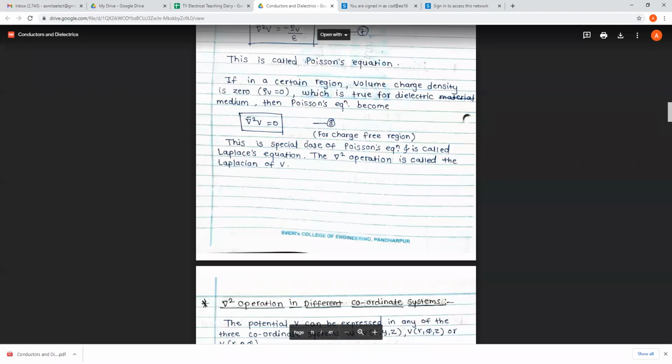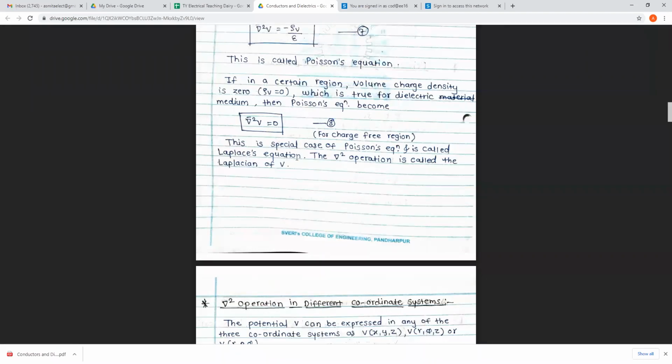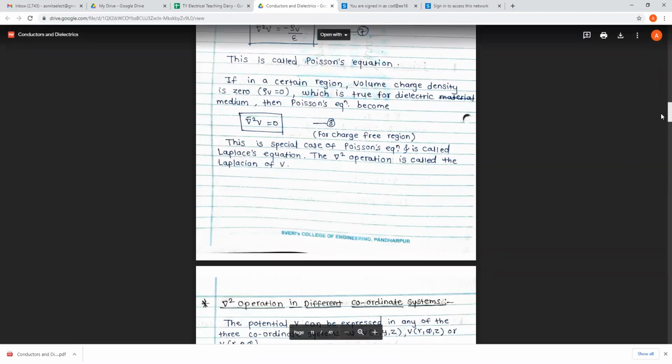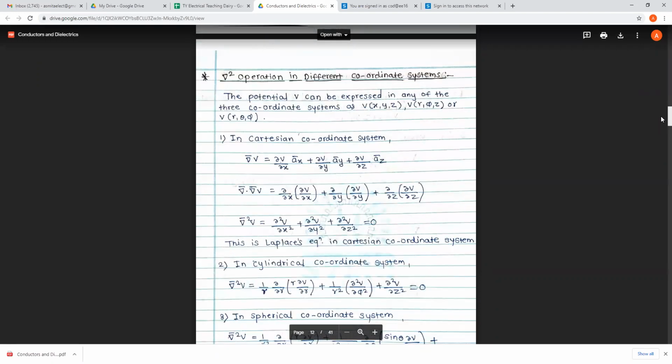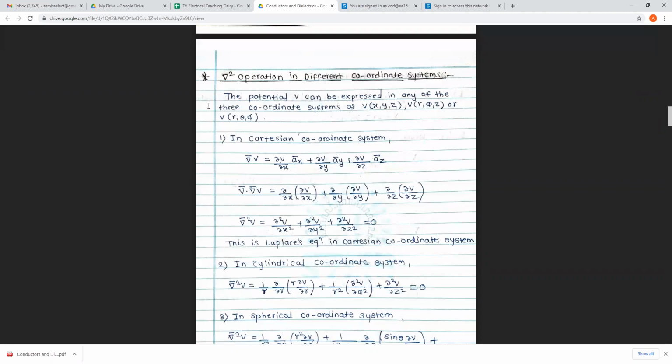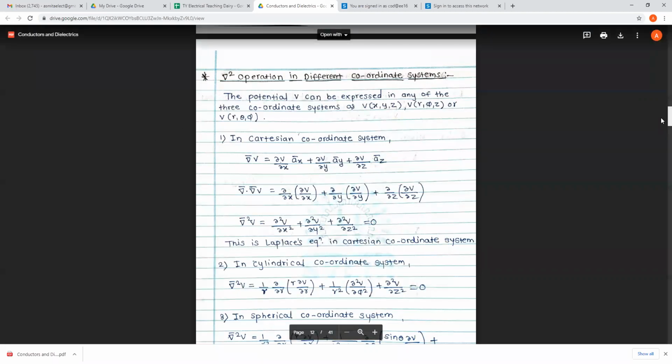Laplace's and Poisson's equations give a unique solution. That's why it is used in the uniqueness theorem. Now the del square operation in different coordinate systems. We have seen the different equations for the del operator, for divergence, curl and gradient.